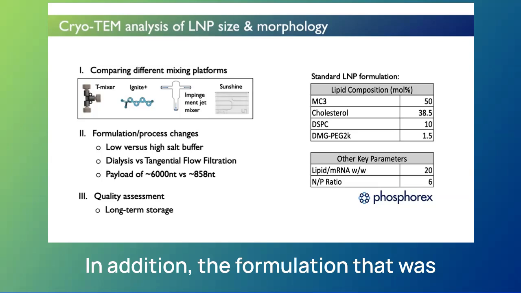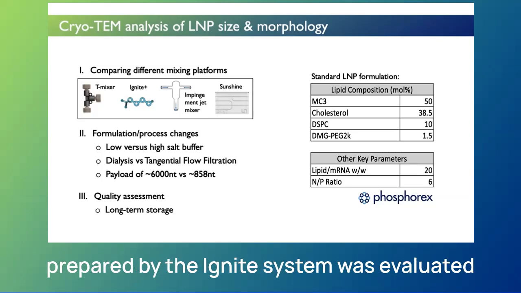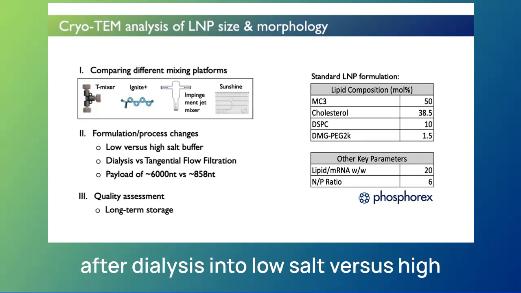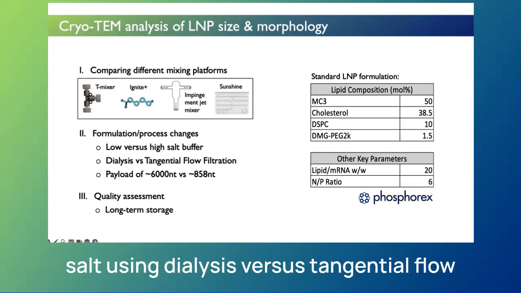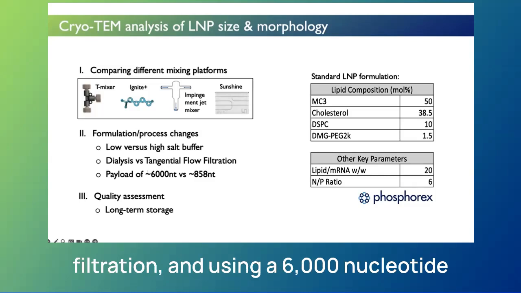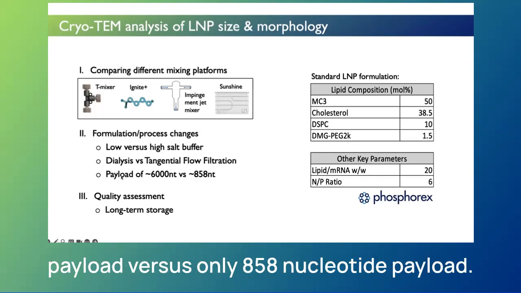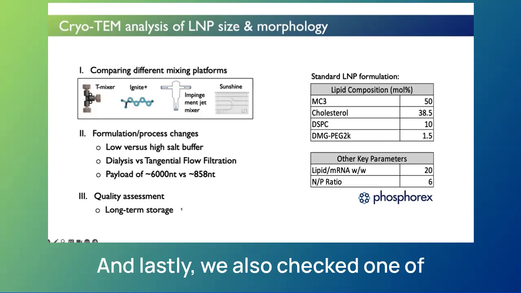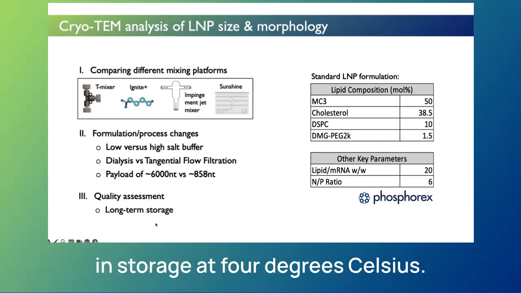In addition, the formulation that was prepared by the Ignite system was evaluated after dialysis into low salt versus high salt, using dialysis versus tangential flow filtration, and using a 6,000 nucleotide payload versus only 858 nucleotide payload. And lastly, we also checked one of these formulations after 10 weeks in storage at 4 degrees Celsius.